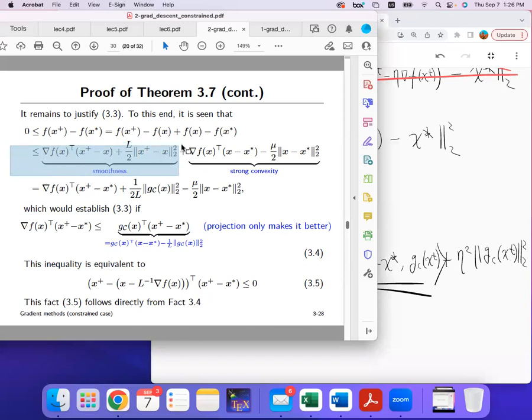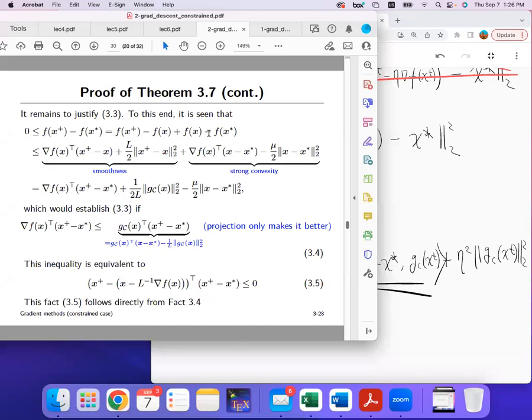On the other hand, f is strongly convex, so I can use strong convexity to bound the second term.